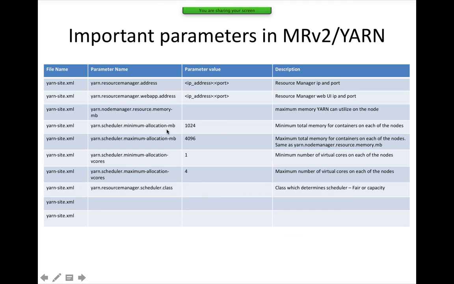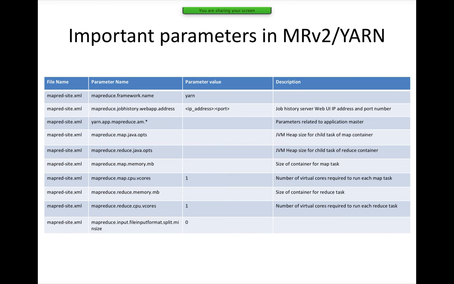They both can have different values. Typically reducers will have more memory, because in reducers we perform sorting and all those things, which requires a lot more memory than map tasks. So those things have to be given in these parameters.